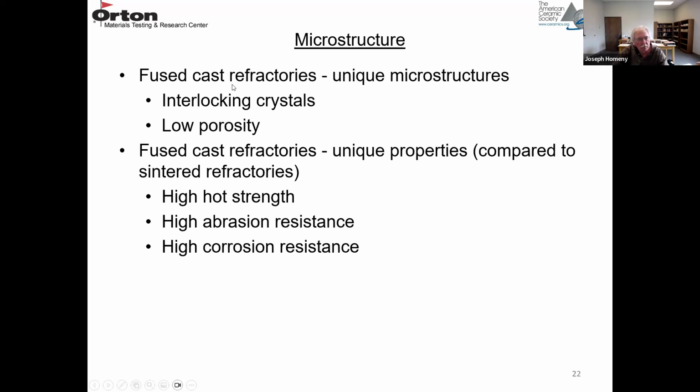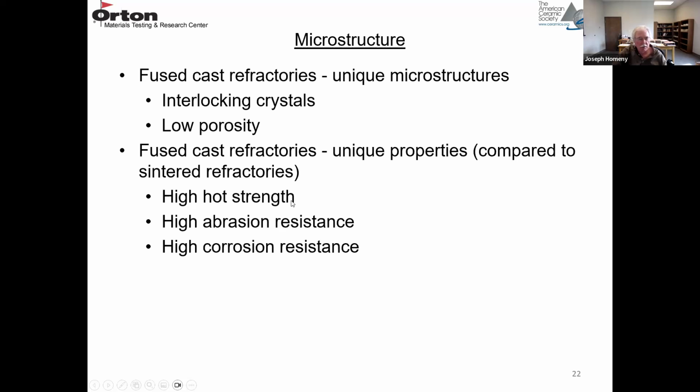So these fused cast refractories have pretty unique microstructures. They have large crystals. These crystals are interlocking and pretty much basically no porosity or very low porosity. So these types of fused cast refractories have some very unique properties, and compared to the sintered version, they're going to have very high hot strength.